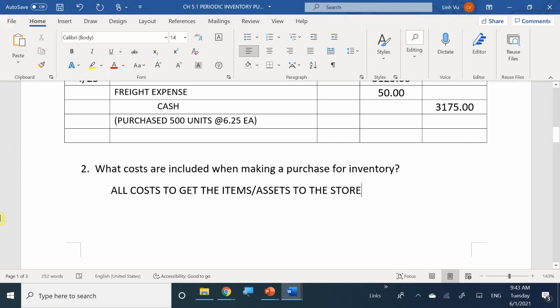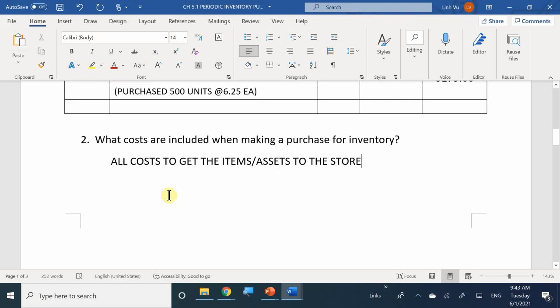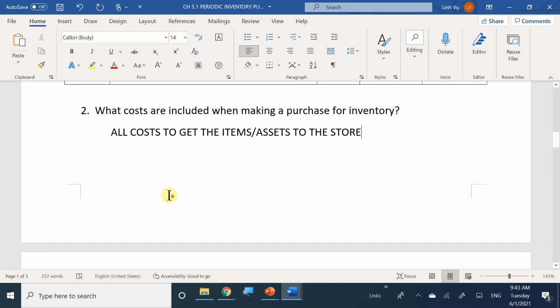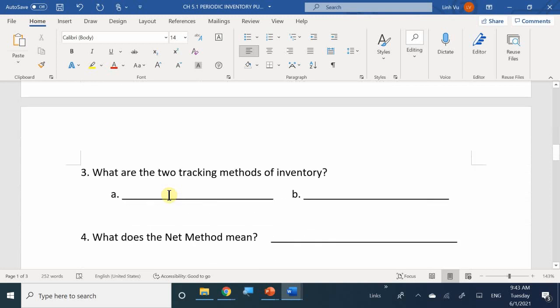Good. That's the exact definition I was looking for. So that can include freight, sales tax, shipping and handling, foreign costs, storage fees. Right? That can also have expedited fees if you're trying to ship those items quickly, right?